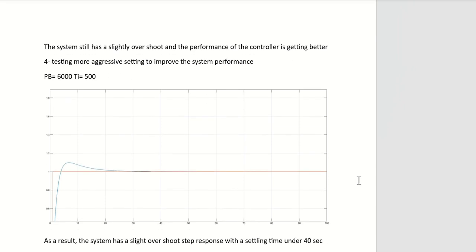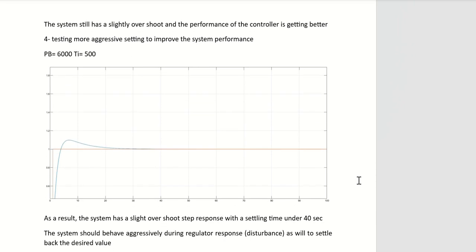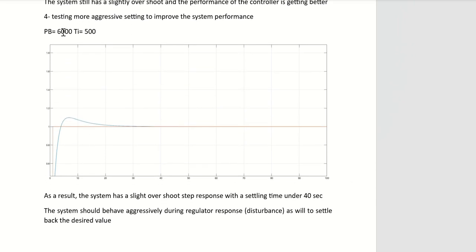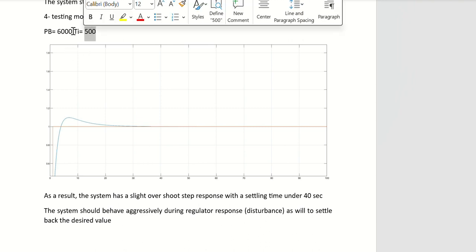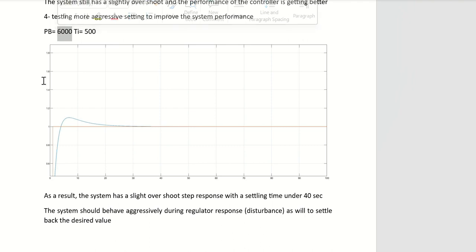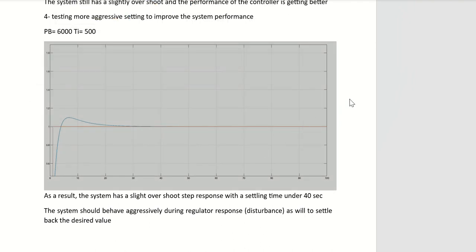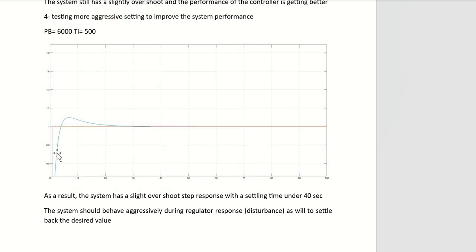After that, I went with a more aggressive tune, with a TI of 500 and a PB of 6000. The system has a very sharp rise time, maybe about 5 seconds, and it has an overshoot at about 5 seconds.